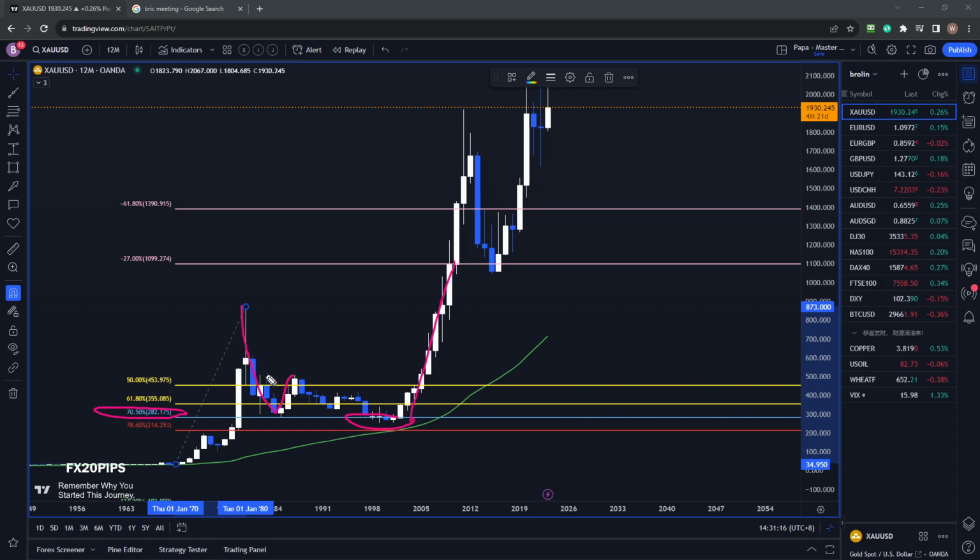I believe it might be the top. It could be a double top, and then there was a neckline break here. Then it slowly went down. Don't forget, this is a 12-month chart, so each candle is a year.